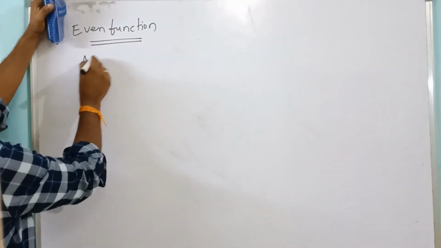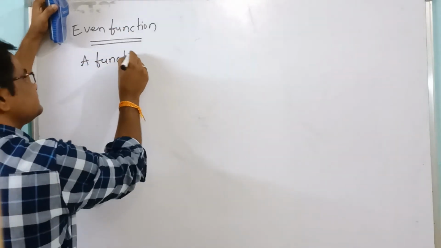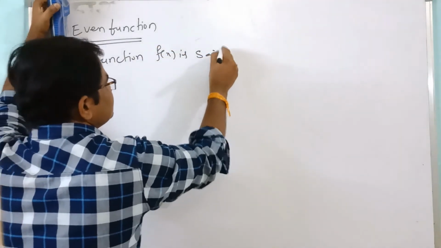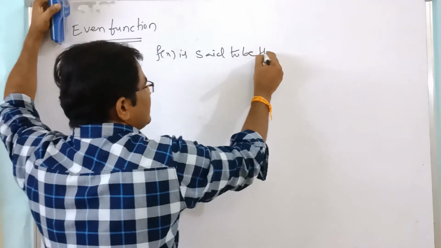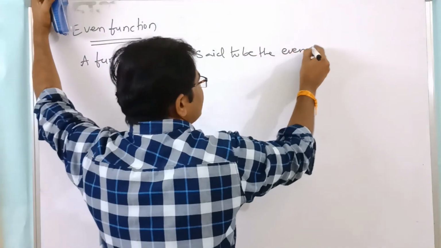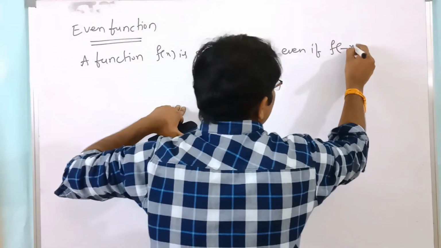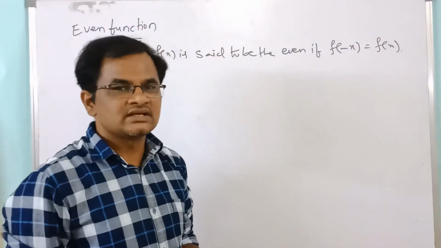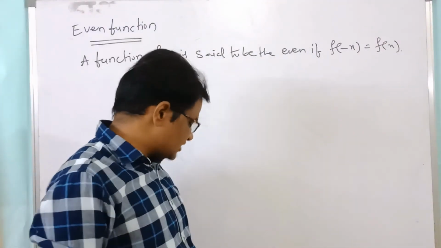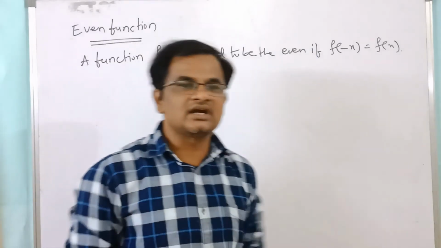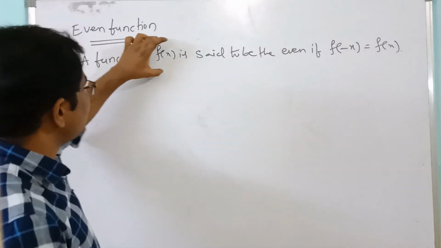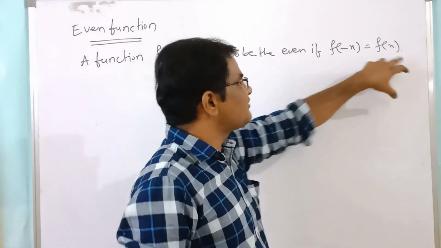A function f of x is said to be even if f of minus x equals f of x. It means if you replace x by minus x and you get the same function, then that function is called an even function.